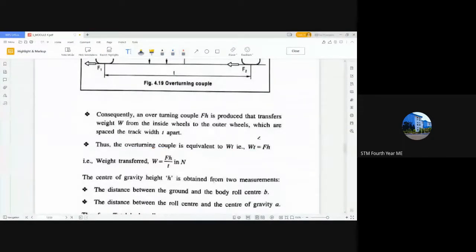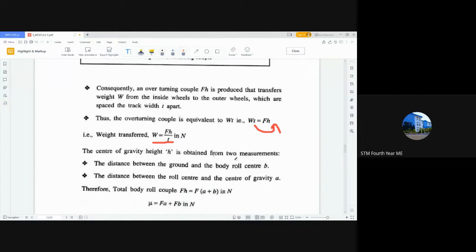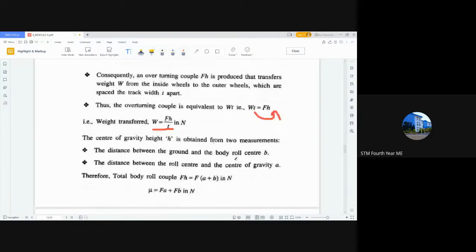Then taking the T here, W will be equal to FH by T. So that is the weight that is transferred.